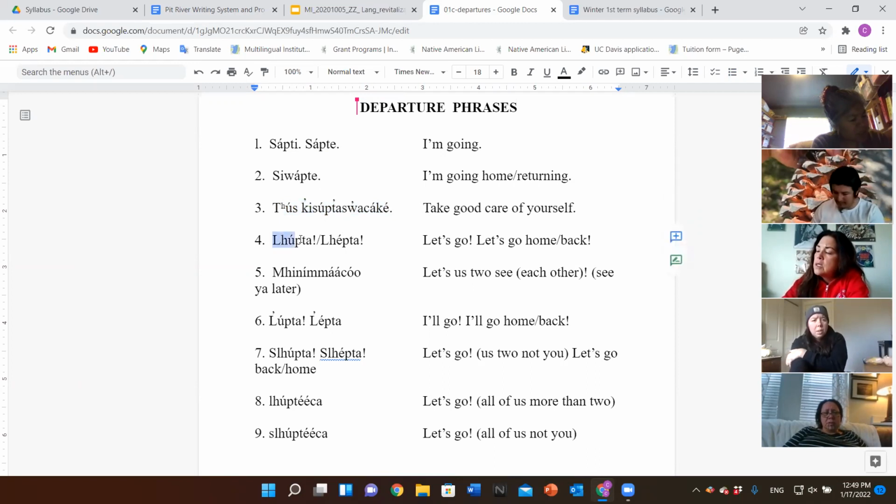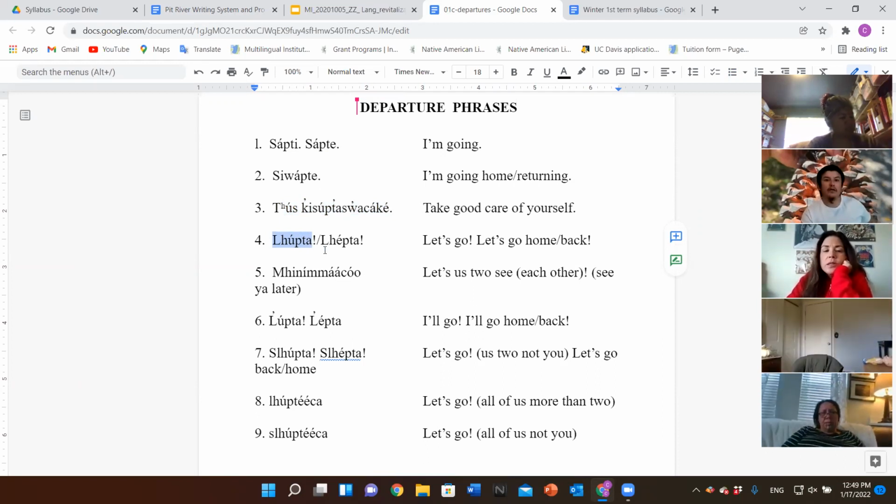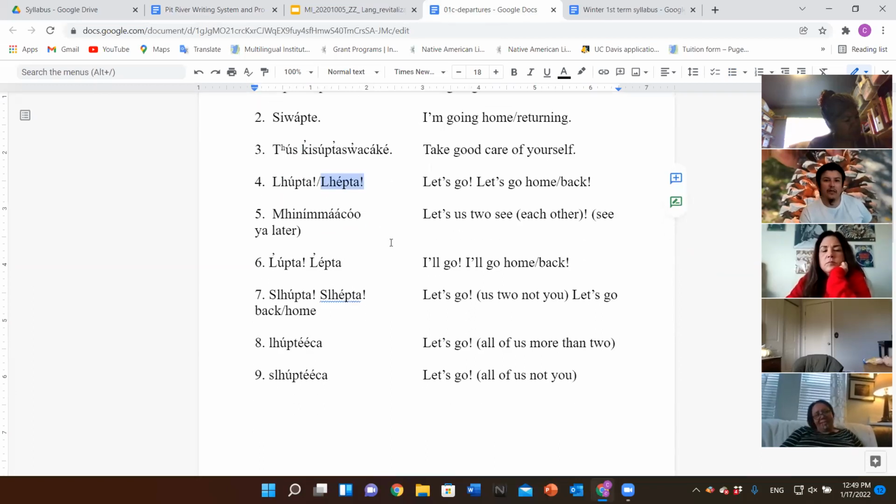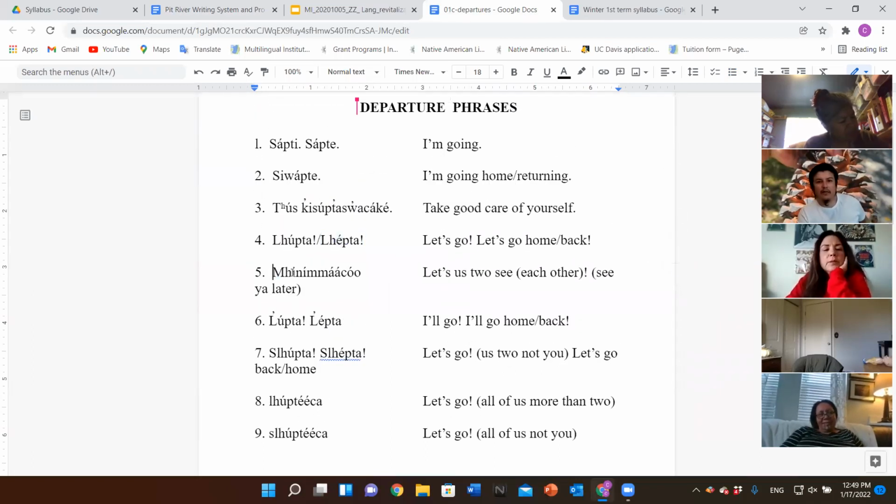Then this one is lahupta. Lahupta is let's go. If you're talking to somebody else and you just say lahupta, you're saying let's go. And then lahepta is let's go back. And then this is a really good one to know: mehenimacho.